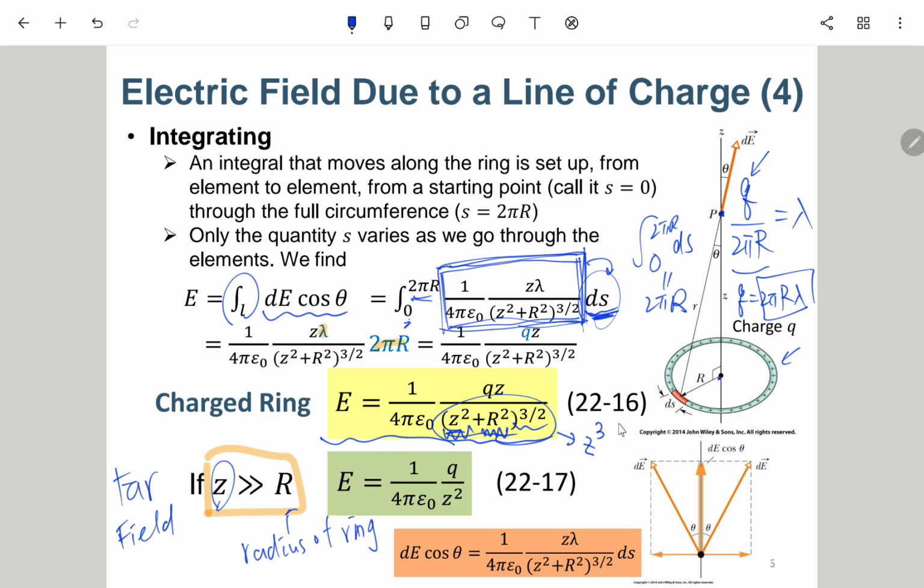So here we have z cubed, which partially cancels with this z, so it becomes z squared. Finally it becomes a very elegant expression like E equals 1 over 4 pi epsilon naught Q over z squared. Okay, it's similar to the E field generated by a charged particle.